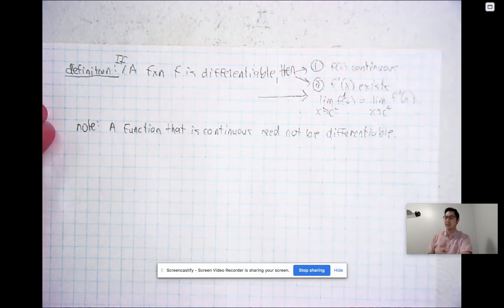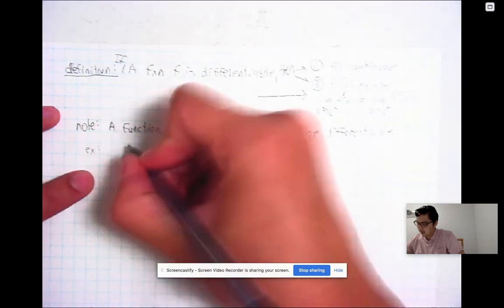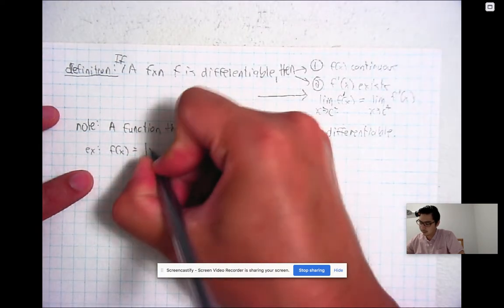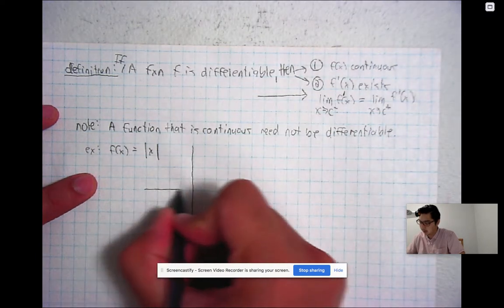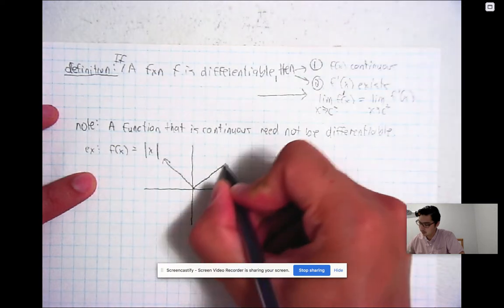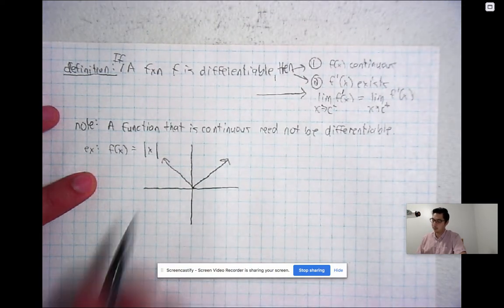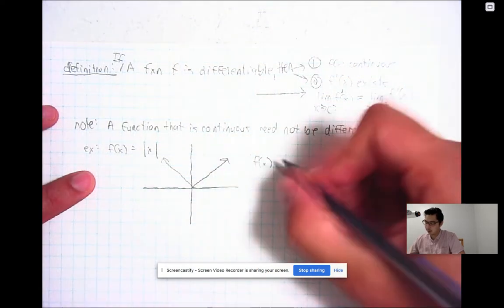So just because you're continuous doesn't mean you're differentiable. An example is the absolute value function. And we're going to be exploring this in the next lesson, not this lesson, and you'll see why that's not differentiable. But f of x is continuous, and you could test the three conditions if you want.